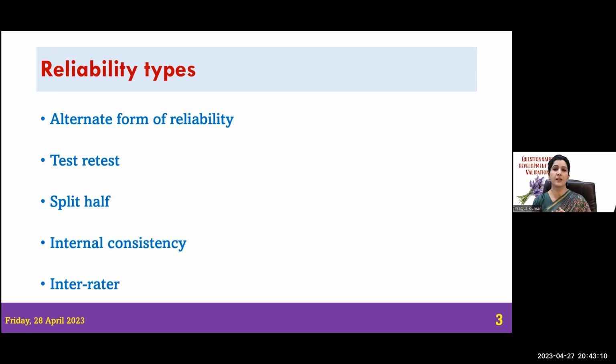And remember, in all these reliability, validity and factor analysis also, the mainstay of measurement is correlation. And what is a correlation? Correlation is a measurement of the association between two continuous variables, the general Pearson's correlation.